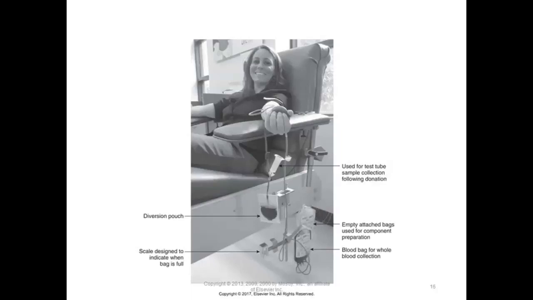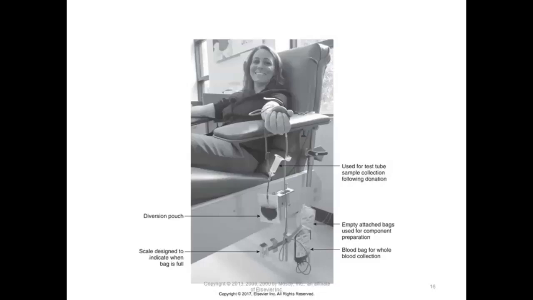Once the donor tech makes the venipuncture and gets the flash, the blood is going to come back through the tubing where it gets clamped off on the right side, so that the first 10 to 20 mils of blood can go in this little diversion pouch right here. That's used to prevent contamination with skin cells and any potential bacteria entering the donor unit.